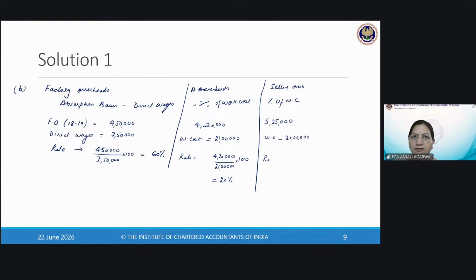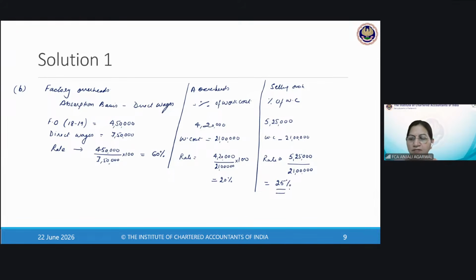What is the rate? You can type the answers in the chat window if you're using your calculators. This is equal to 25%.